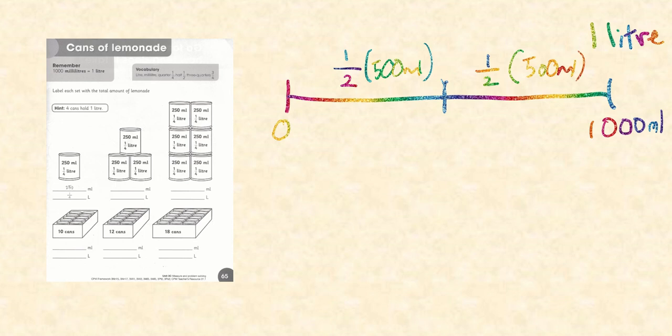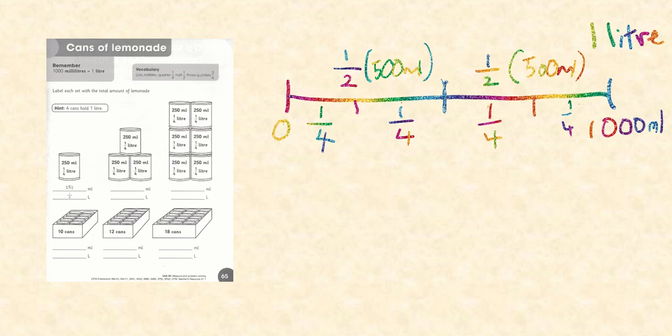Very good. Now I can further cut it down into 4 equal parts. So I have 1, 2, 3, 4, correct? So I have cut it into 4 equal parts, which means I have divided it equally into 4. I have 4/4, right? So now you have a clearer picture on this, right? How many milliliters will be 1/4 of a liter?